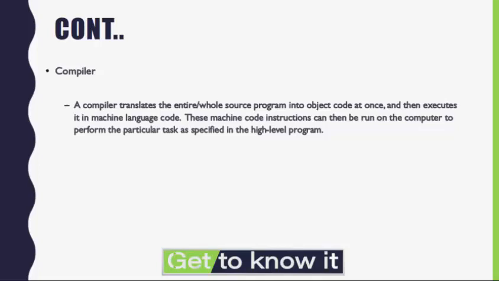So what the compiler will do is that after translating the source program into object code, it will then do what we call linking, or joining the object code to all the other files that are needed for the execution of the program. Because for the program to be executed, several files are required.